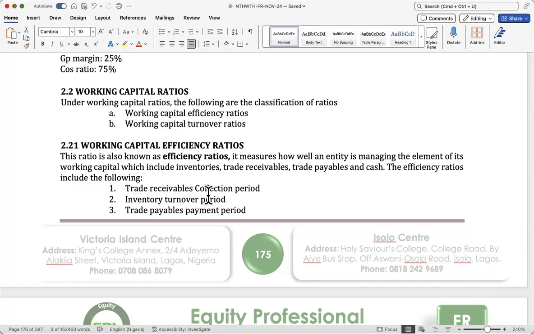Salaries and wages, the addition of both, all over total expenses times 100.